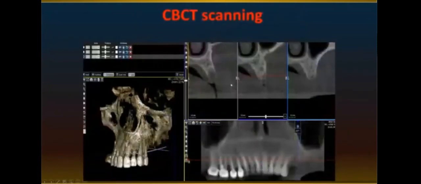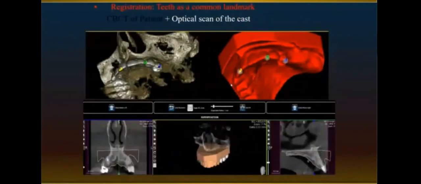Then I have the CBCT of the patient. Then, using the implant planning software, I integrate, or make a superimposition between, the CBCT and the surface scan using similar corresponding points.